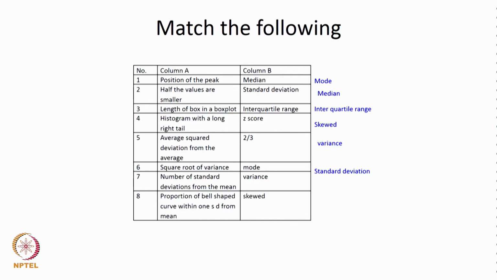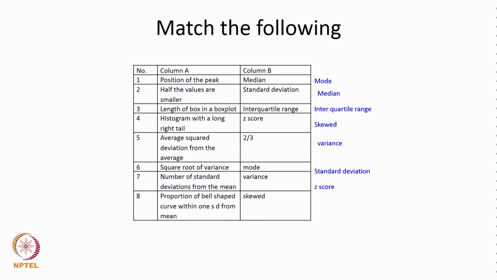The next one is the square root of the variance. This is very simple. Square root of the variance we have already seen is the standard deviation, and therefore, that is the answer.